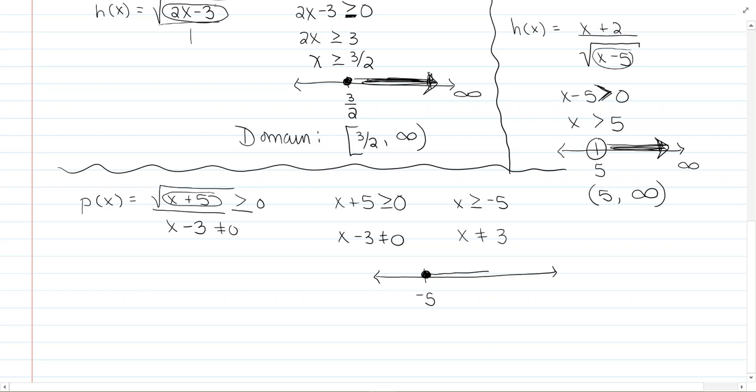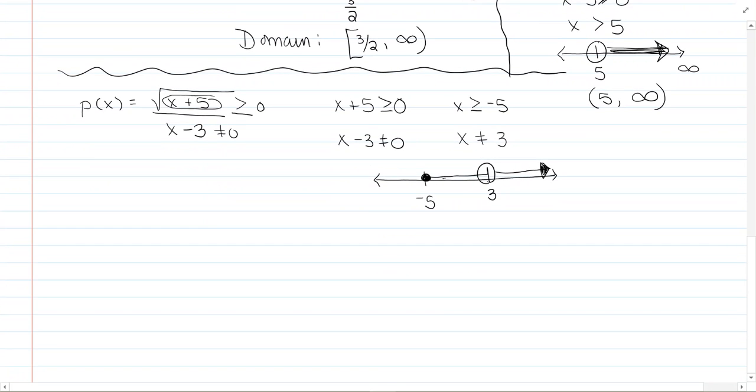X can't be the number 3, keeps on going. All right, so can you again see that we've got two branches here from negative 5 to 3, open dot, parenthesis, and then on the other side, 3 to infinity.